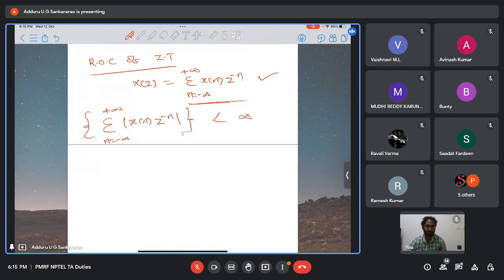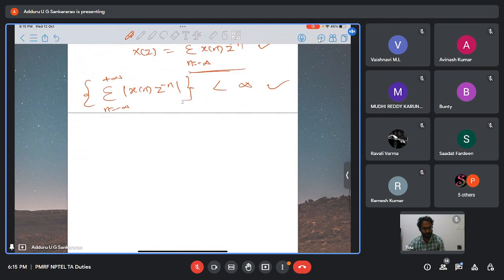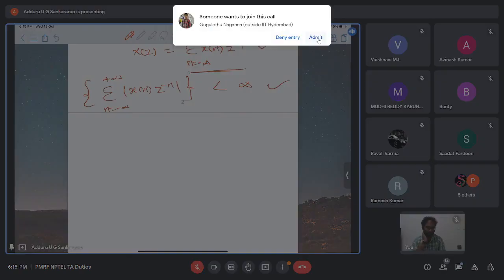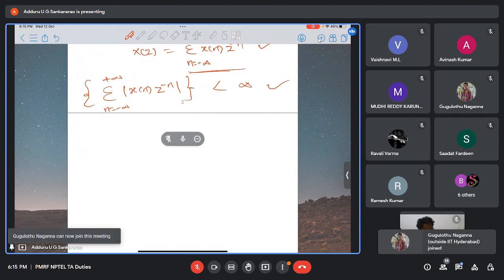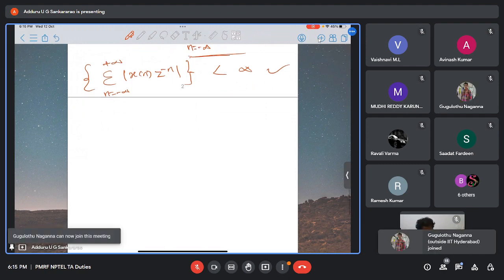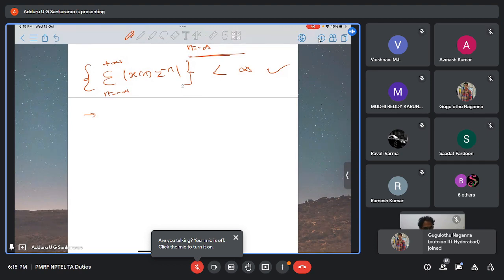So the values of z for which this condition is satisfied, that is nothing but the region of convergence of the z transform. Okay. So the DTFT is defined only for stable signals, but the Z transform is defined for stable as well as unstable signals. Suppose let us take one example of how the Z transform as well as the region of convergence is calculated.